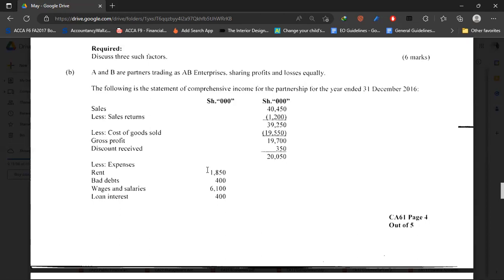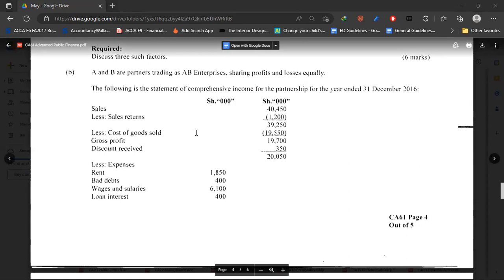We have sales in thousands, 40,450, less sales returns 1,200, totaling 39,250, less cost of goods sold 19,550, gross profit 19,700, plus discount received of 350, totaling 20,050, less expenses: rent 1,850, bad debts 400, wages and salary 6,100, loan interest 400.